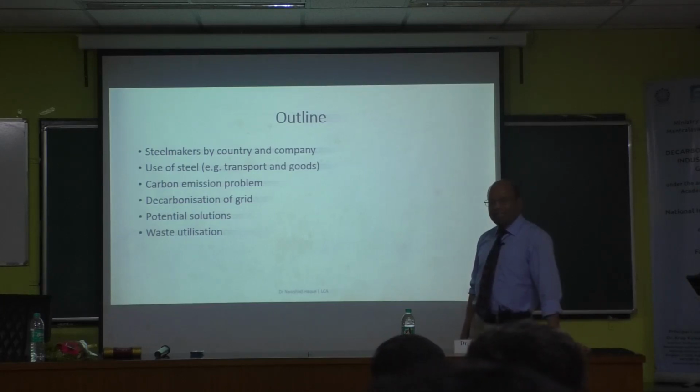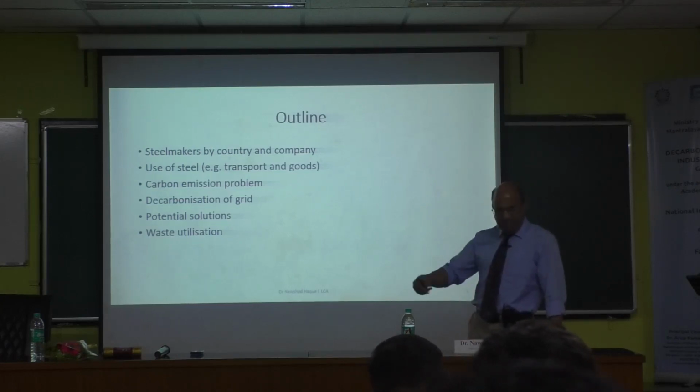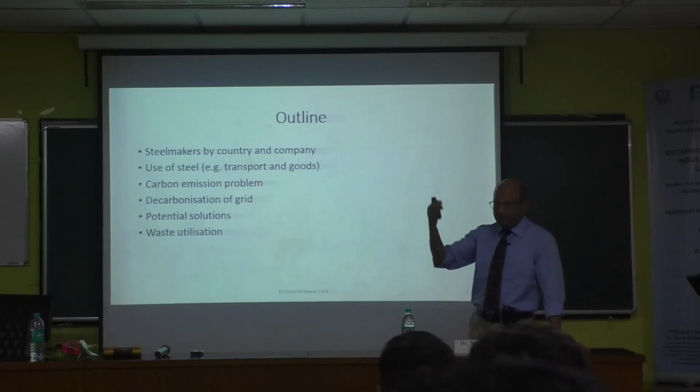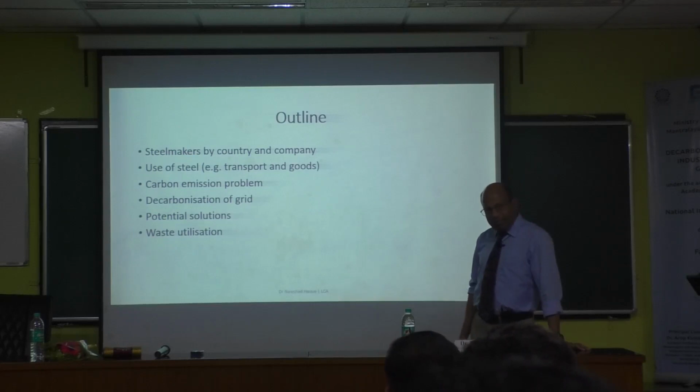What is the next metal do you think? Aluminium. Do you know the magnitude? I think now it's probably 80 million tons, primary aluminium. What's the next? Copper. Do you know how much? Around 35 million tons.